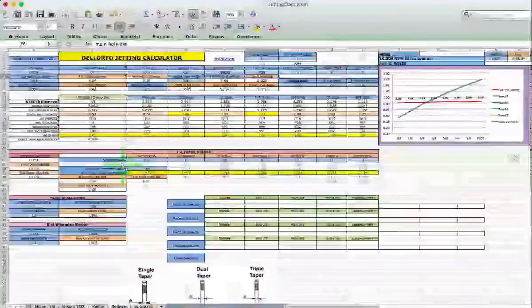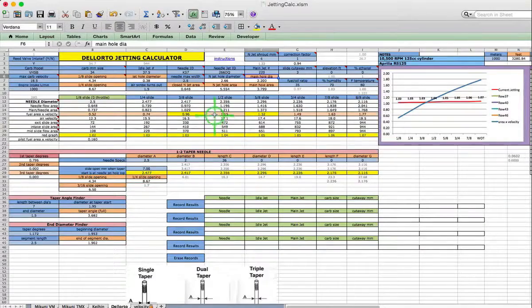Let me show you the actual numbers. The area right here of the closed jet, which is basically the space between the needle jet and the needle itself, the straight portion of the needle, in this case is 0.65. And the area of the idle jet is only 0.38.